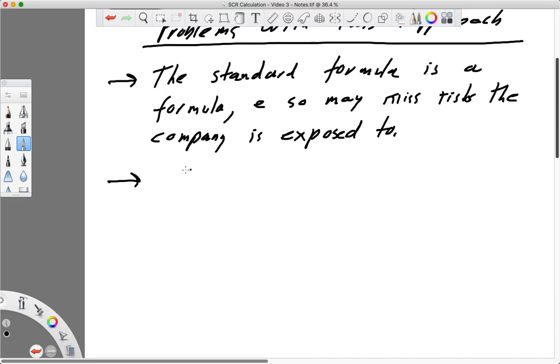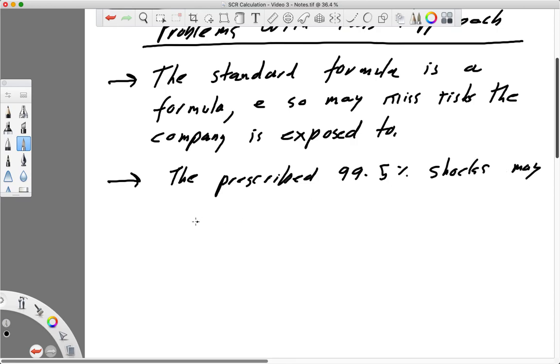Another issue is that the prescribed, so basically that means what you're told to do, so the prescribed 99.5% shocks may not be accurate. So for instance, that 99.5% shock for equities in stable market conditions was 39%.